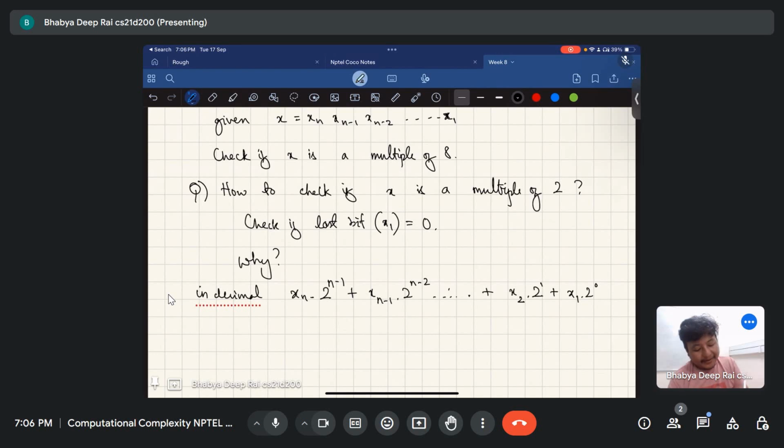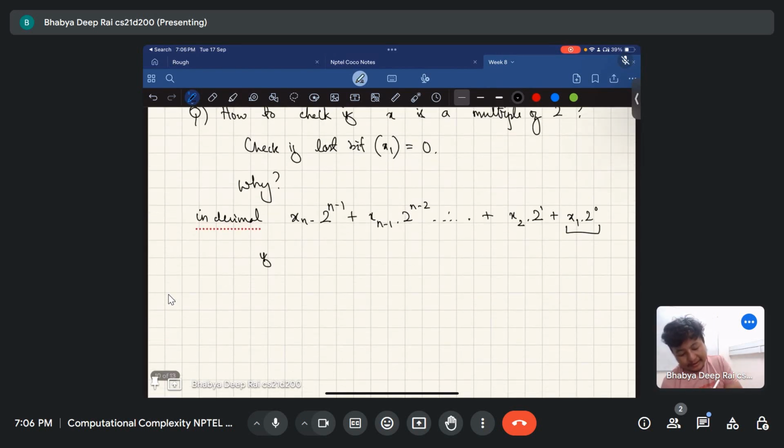Now, all these other terms are powers of 2, so they are all divisible by 2, right?